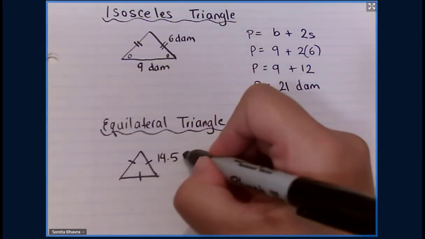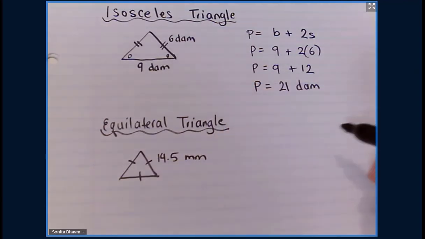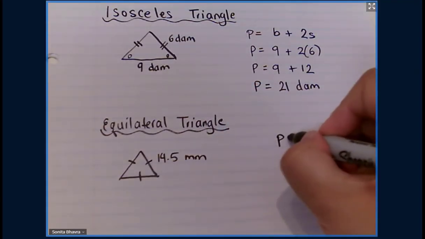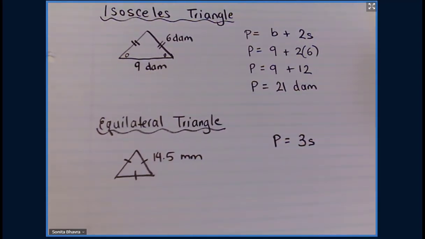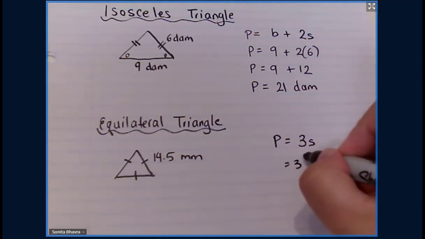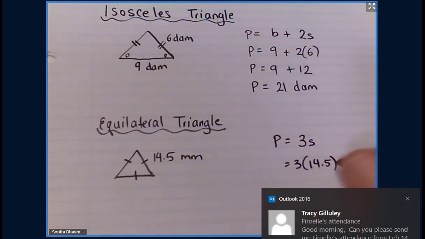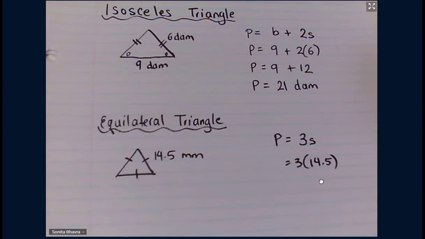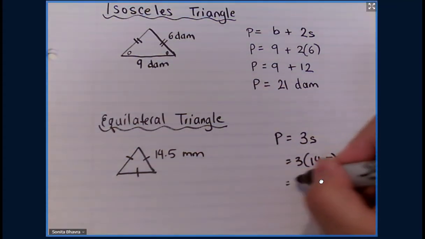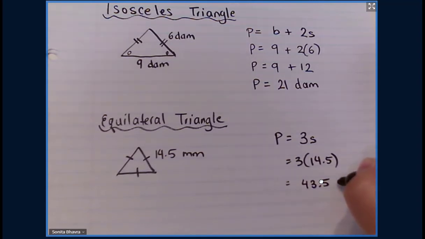Let's say we're given 14.5 millimeters. P is equal to 3S. That is the formula for an equilateral triangle. So 3 times 14.5, which is 43.5 millimeters.